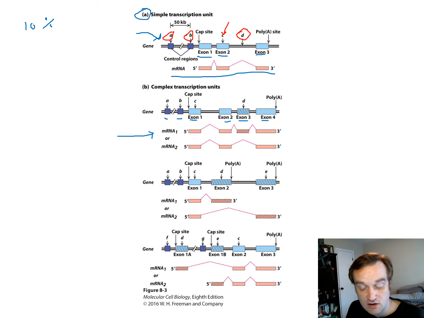If we have mutations in A or B, again, just like our simple transcription unit, that can lead to reduced expression or no expression. If we were to have a mutation in C here, that could cause, again, a non-functional protein or a reduced functional protein.